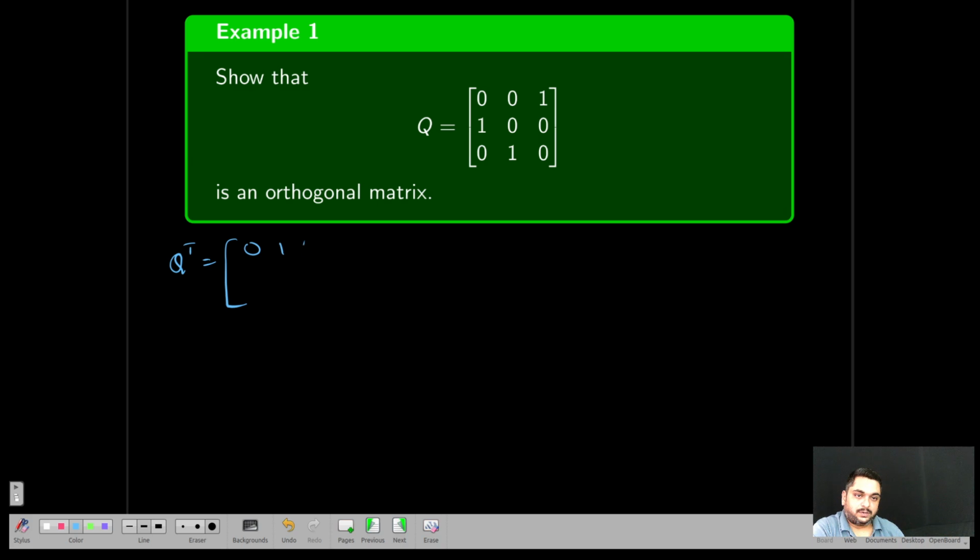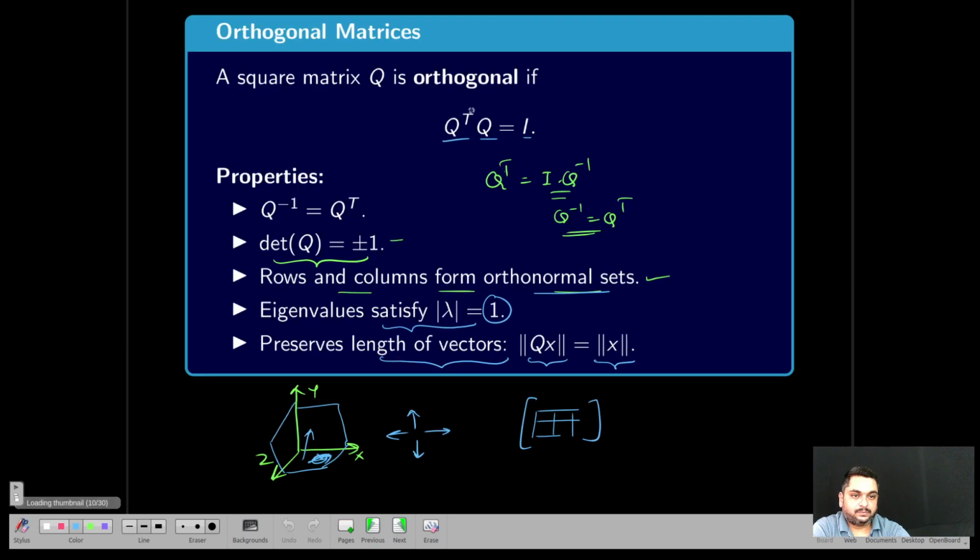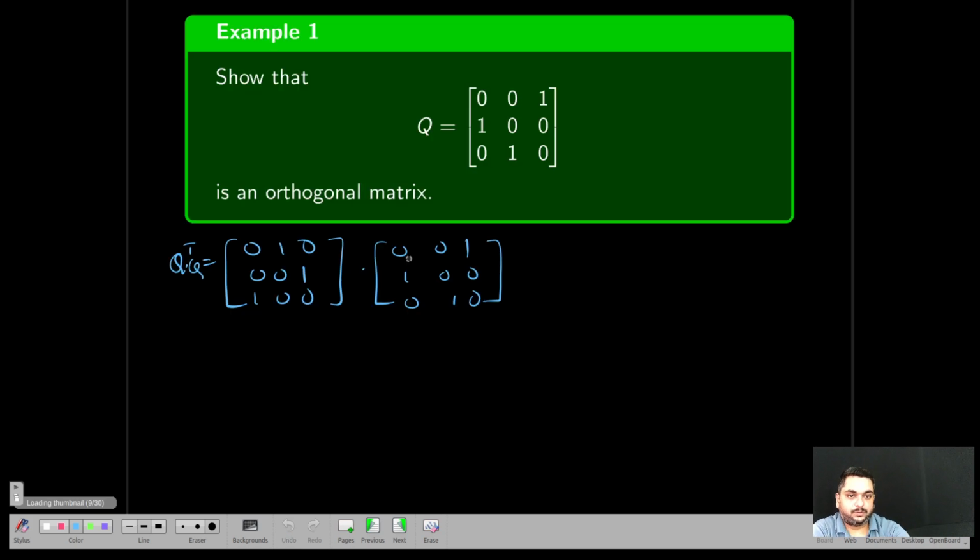So this is 0, 1, 0, 0, 0, 1, and then 1, 0, 0, into Q. Q is 0, 0, 1, 1, 0, 0, 0, 1, 0. This should be equal to the identity matrix. So this is what you have to find out.